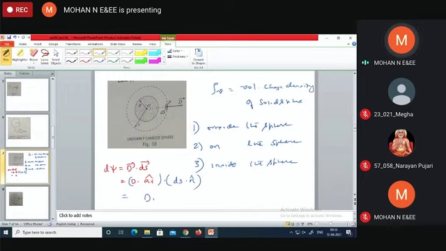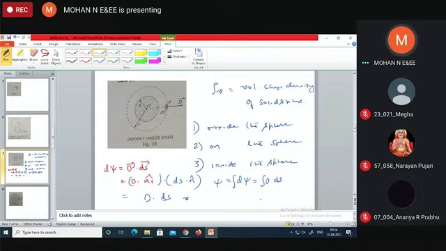So obviously we'll be getting D ds, where ds is the small area considered here. Now I want to find the total flux, that is psi is equal to the integration of the small flux, which is nothing but the integral of D ds.